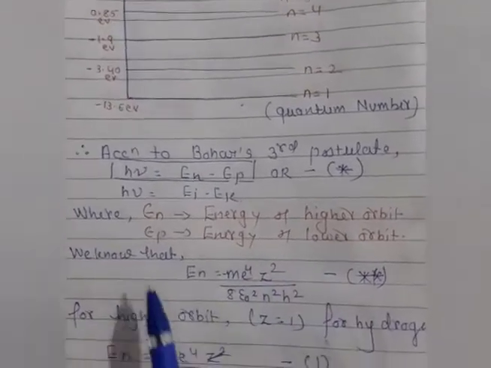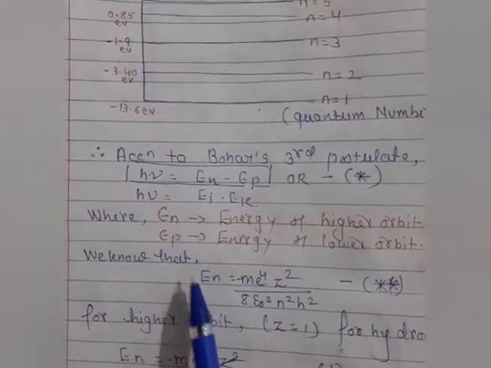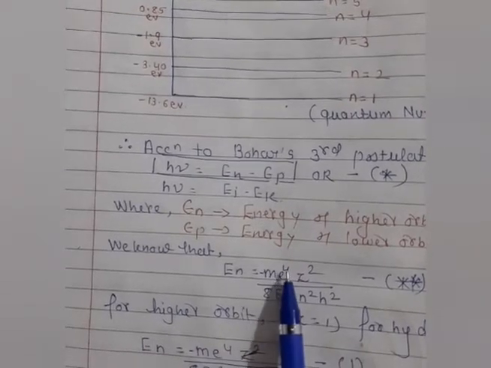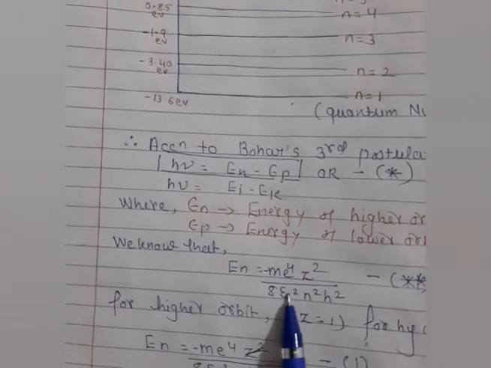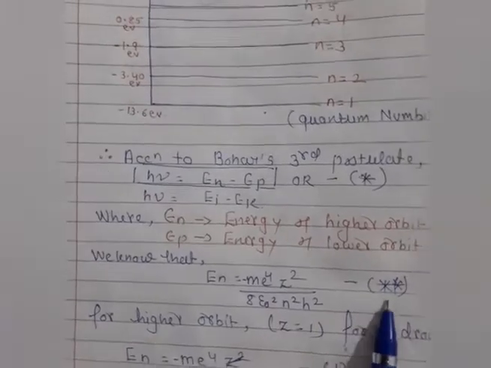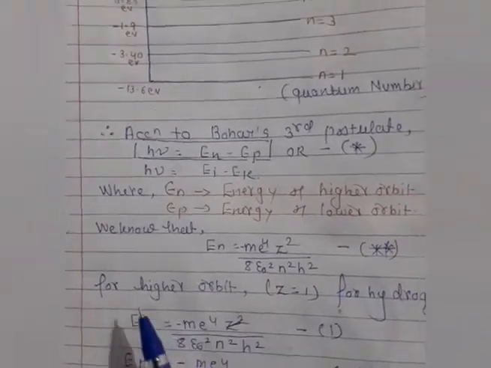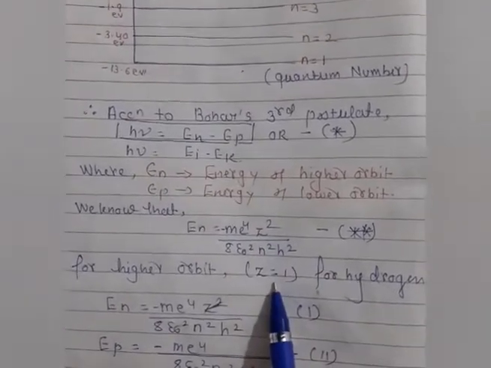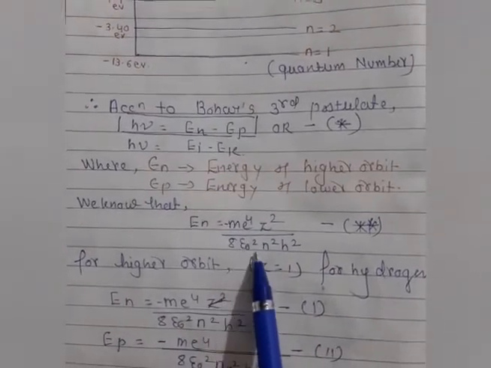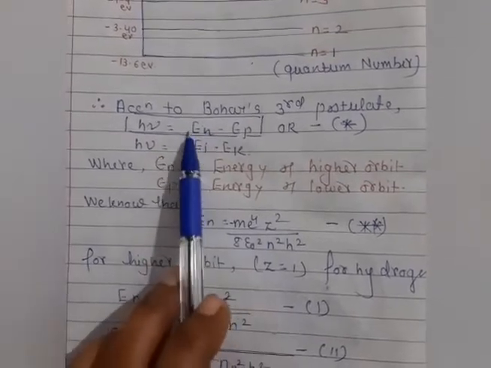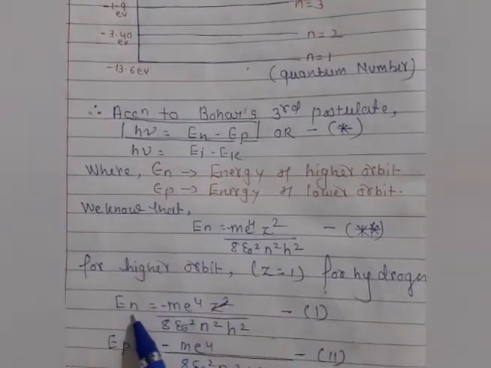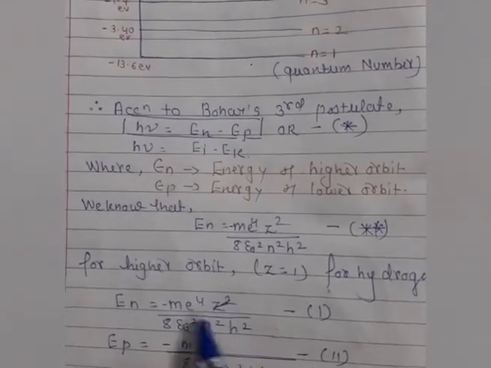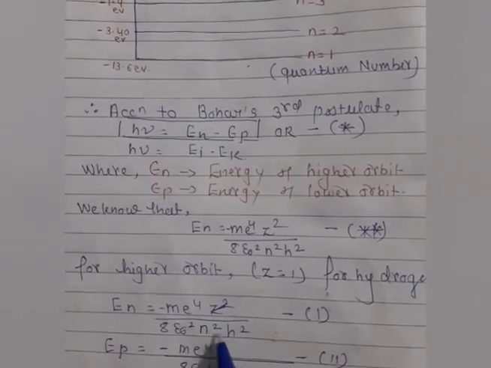So here, students, as we know, En equals minus m e to the power 4 Z square over 8 epsilon naught square n square h square, that is the star equation, as you know very well. Let us consider the case of hydrogen, so the value of Z we can consider as 1. So for En, minus m e to the power 4 over 8 epsilon naught square n square h square.